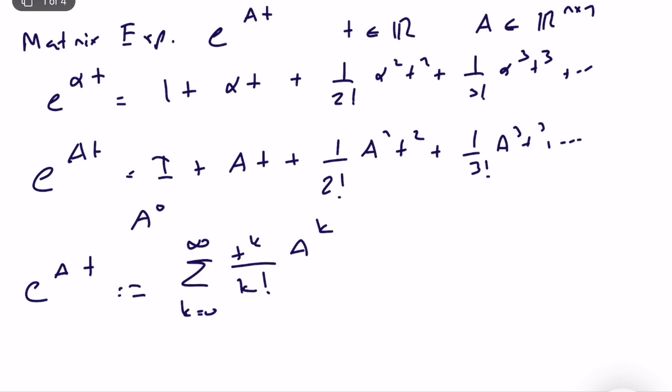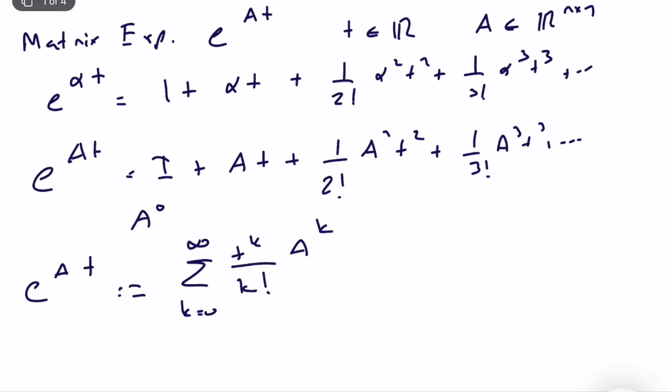For some systems, using the definition is very easy, but these are for specific systems, not the general case. For some instances, computing the definition is not practical, but there are different ways of computing e to the power At, and these techniques are both numerical and sometimes even analytical.